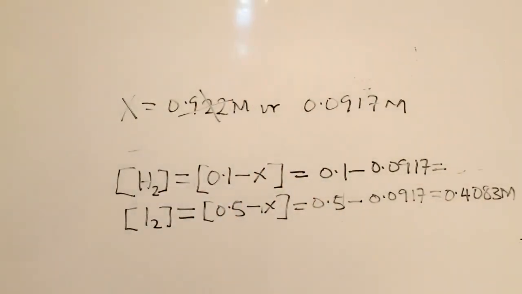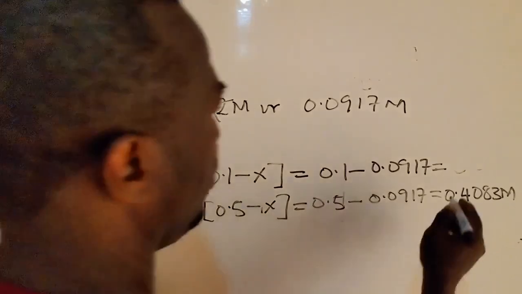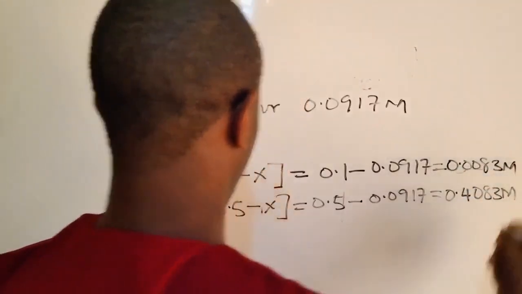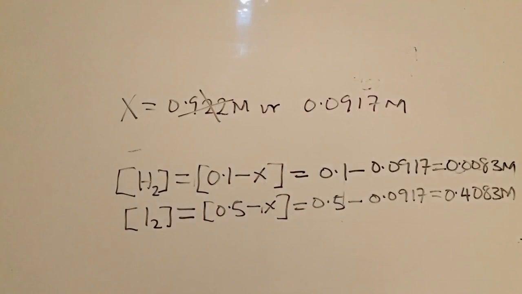The first one, I got 0.1 minus 0.0917, that is 0.0083. So the concentration of hydrogen at equilibrium is 0.0083, while that of iodine is 0.4083.